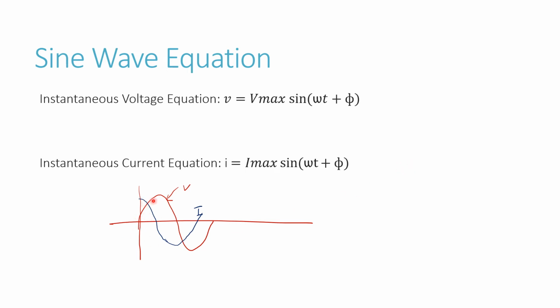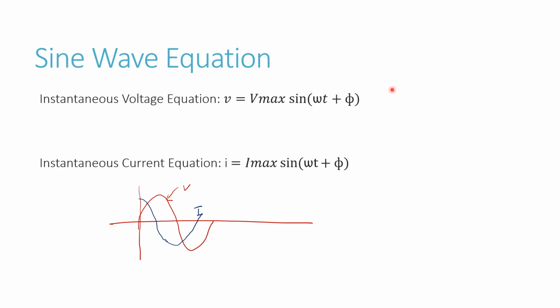This is approximately 90 degrees, but don't worry about that right now. It is leading, so this figure tells you how much. This is an angle. Now in maths, things have to be consistent. You cannot add apples and oranges. So if this is an angle, this omega t must also be an angle.